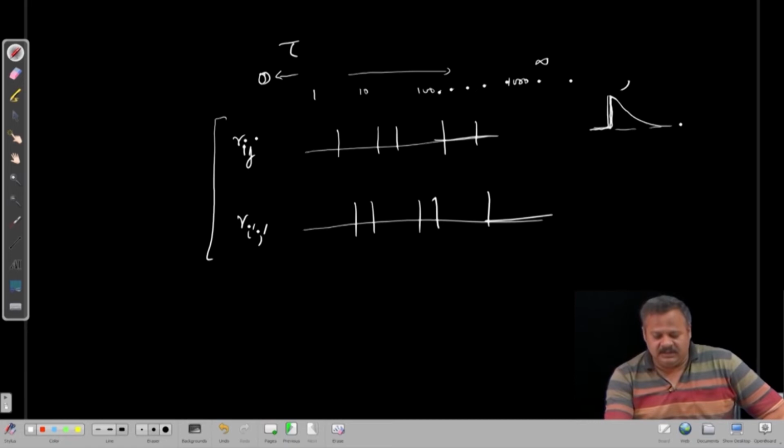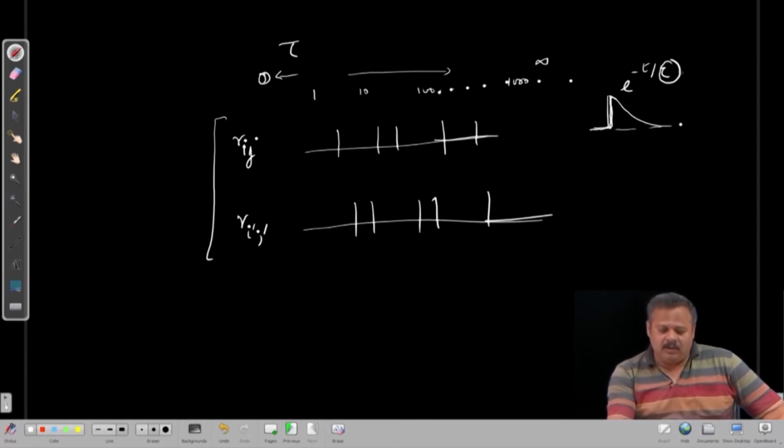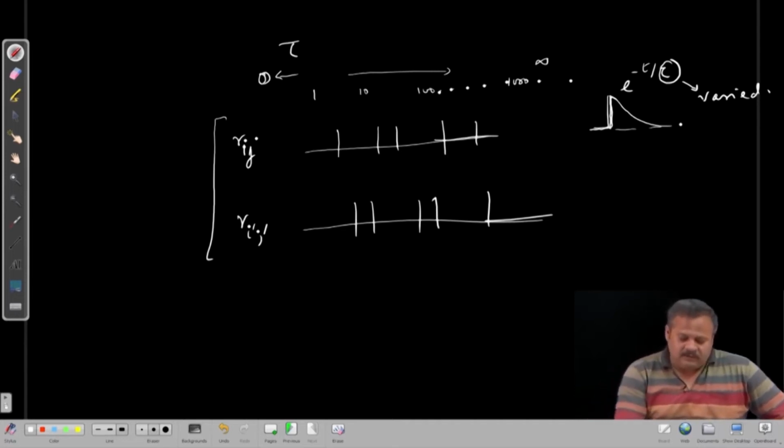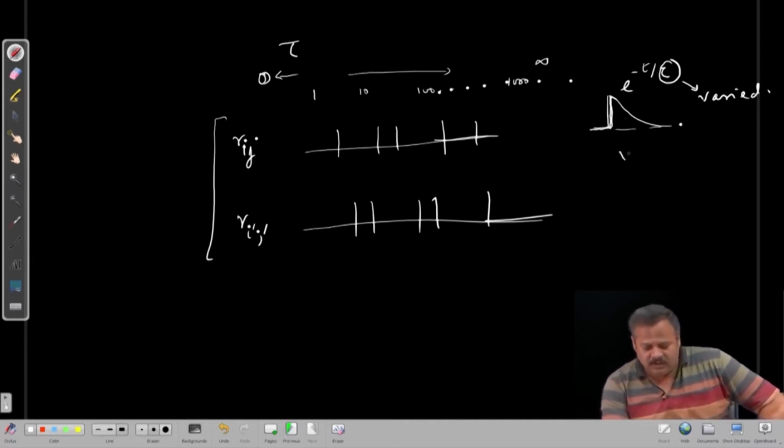So, this is e to the power minus t by tau, and this tau can be varied. This is work that was proposed and done by Van Rossum.